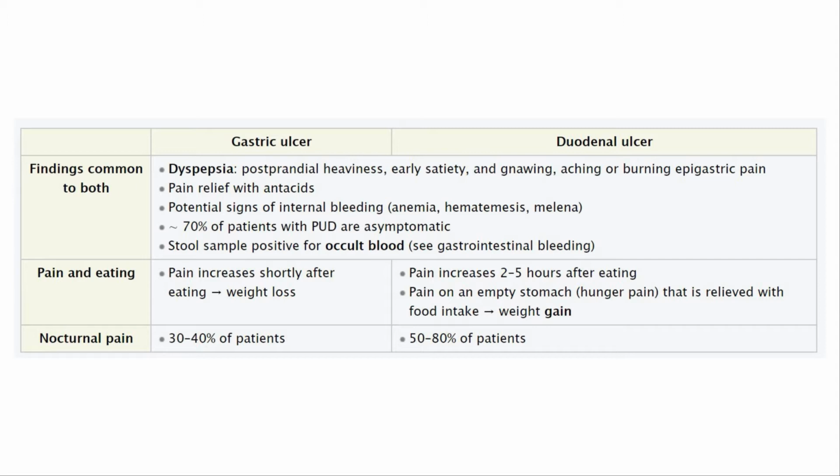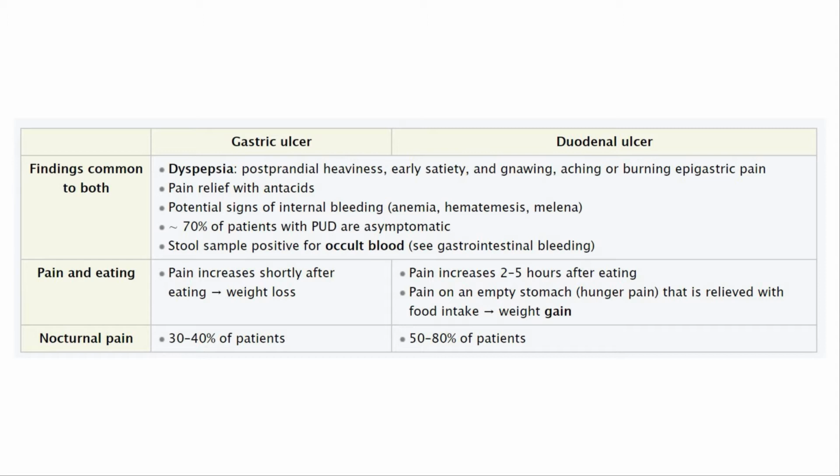It gets better with antacids, which can help to differentiate it from a heart attack, but obviously the patient population that gets reflux, ulcers, and heart attacks are all pretty similar. It's like 60-year-old men that drink and are obese, and so they've all got a bit of GORD and a bit of ulcer disease because they take their NSAIDs for arthritis from being obese and so on and so forth.